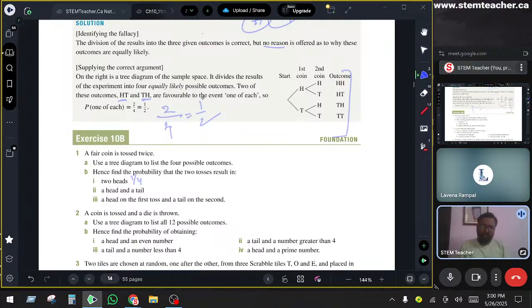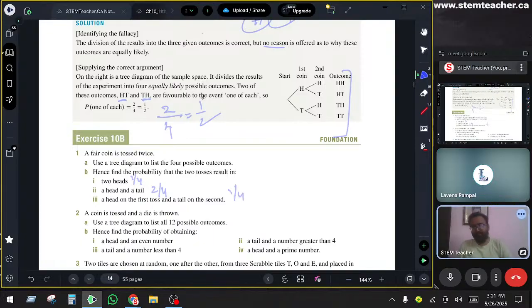One head and one tail: 2 over 4, which means 1 over 2. A head on the first toss and a tail on the second toss: 1 over 4, right?